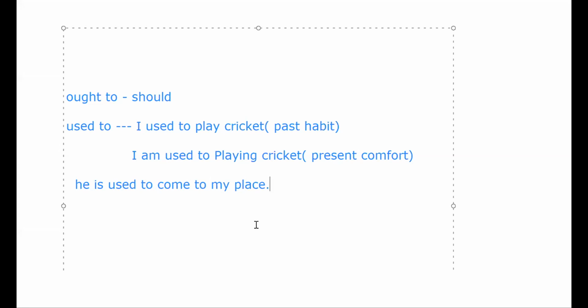"He is used to come to my place." Now he gives a sentence and says, is there any error in this? Then immediately you need to understand: at least with used to, if I have any be form on the left side, this should be V1 plus ing form. That's the correction.